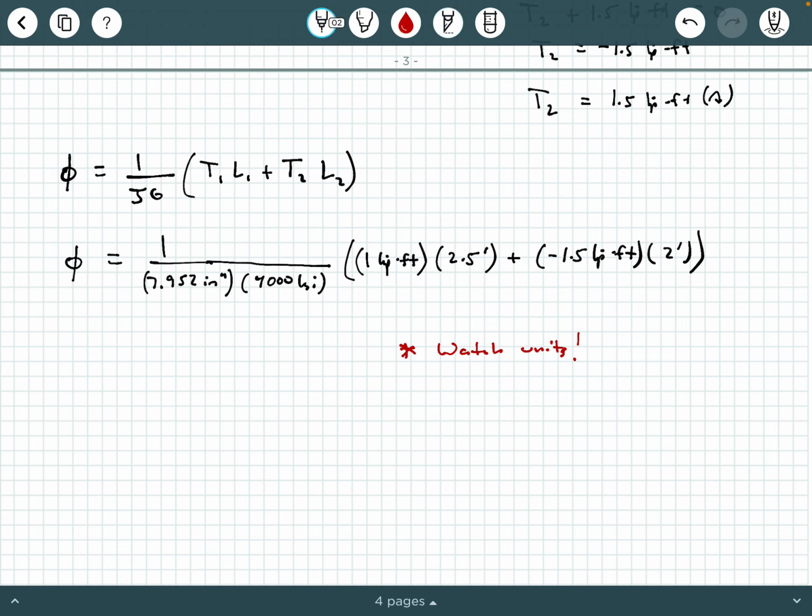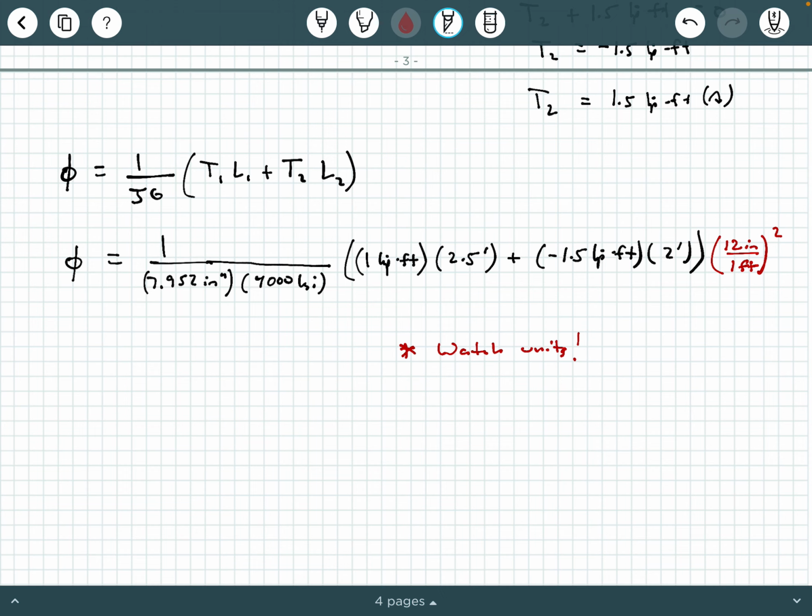How are we gonna do that? Well, we just say we need to multiply that entire numerator by 12 inches over 1 foot, and we gotta square that, okay? Why? Well, because you have kip feet squared, right? Because you have kip feet times feet. So you have to convert square feet in the numerator to square inches in the numerator, all right?